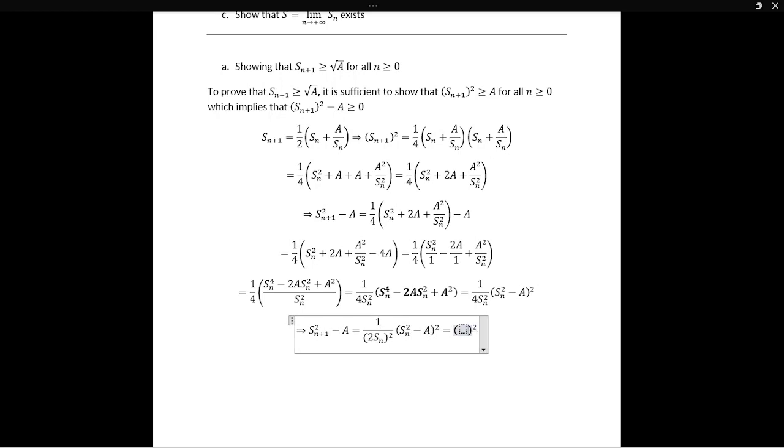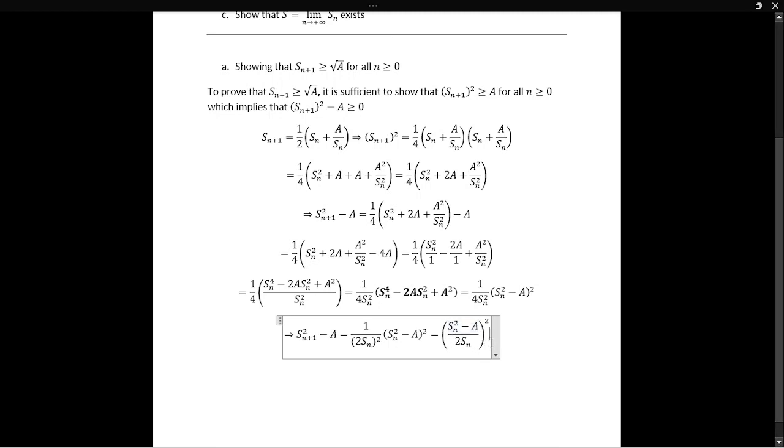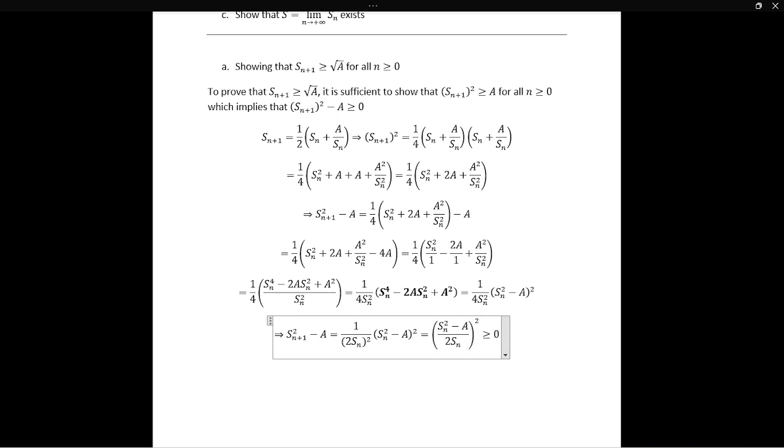So I could just take my denominator as 2 times s of n and my numerator as s of n squared minus a. So you realize that since this is something squared, then it is always greater or equal to 0. The numerator could be 0, that is if s of n is equal to plus or minus the square root of a, then the numerator is going to give us 0.